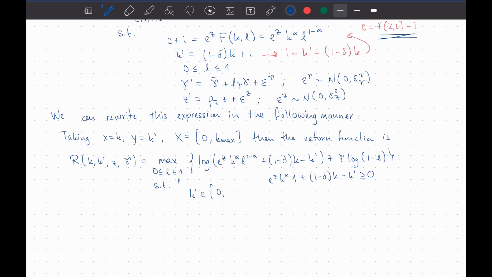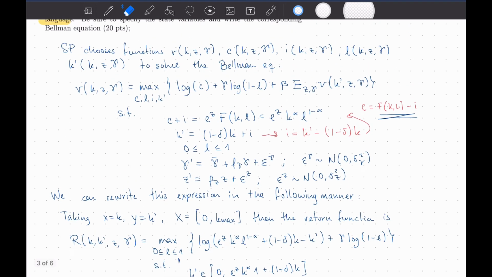So this is the upper bound of this problem. We're just going to take this and paste it right here. Great, so this is the recursive form, and we finished the second question.